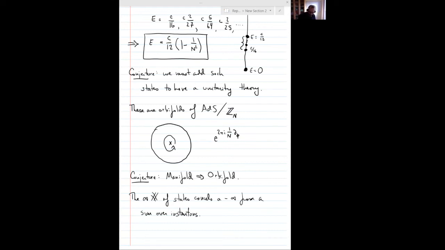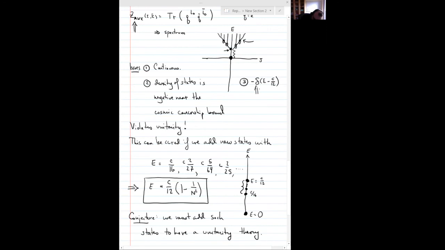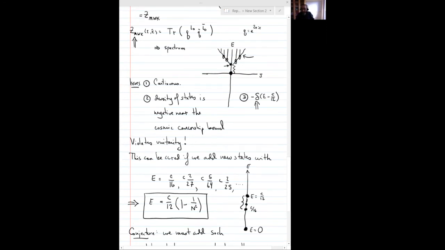So when I said, for example, that I had a minus delta function here, one objection you could have made was the following: I computed this partition function by summing the actions of a bunch of manifolds. That should be a sum of real numbers. How can a sum of real numbers give me a negative answer? And the answer is that the sum actually diverges, and I need to regulate it somehow.